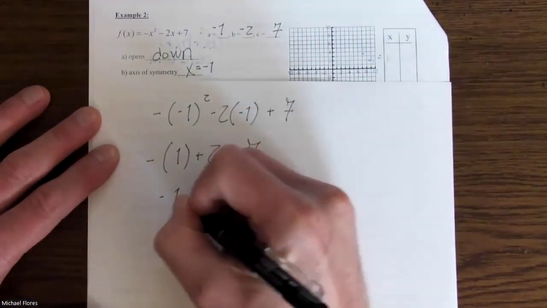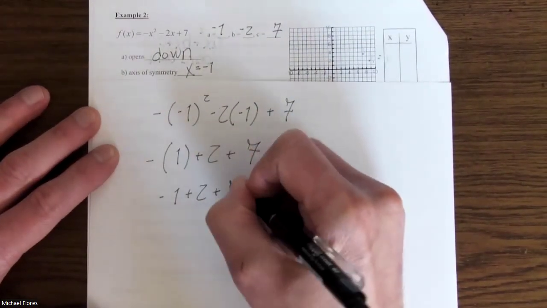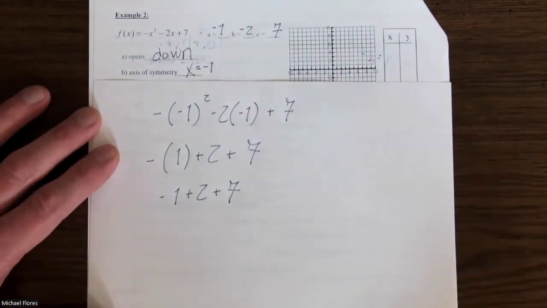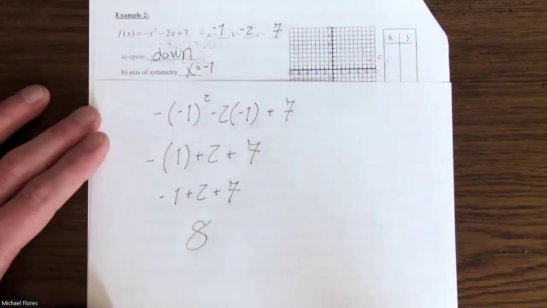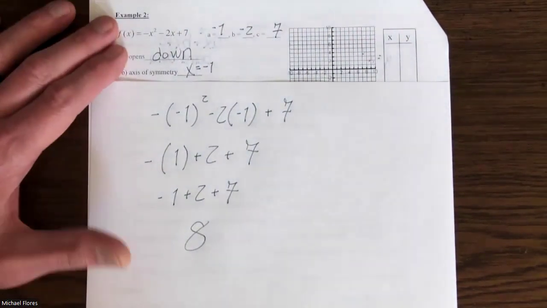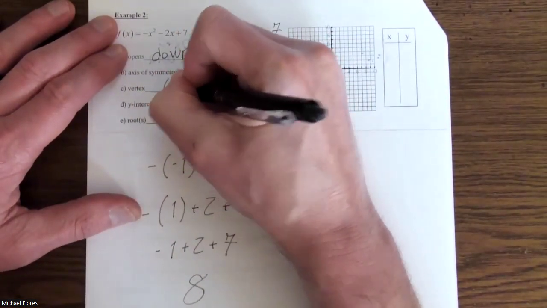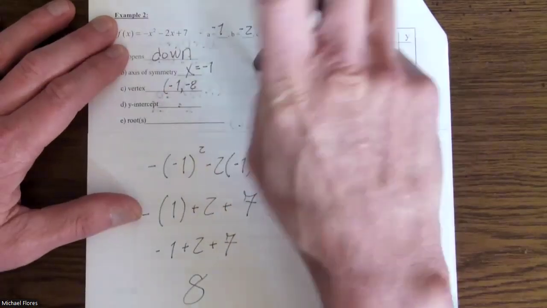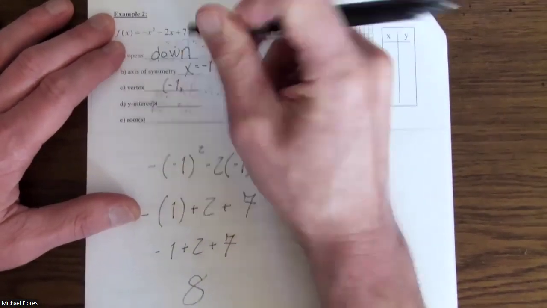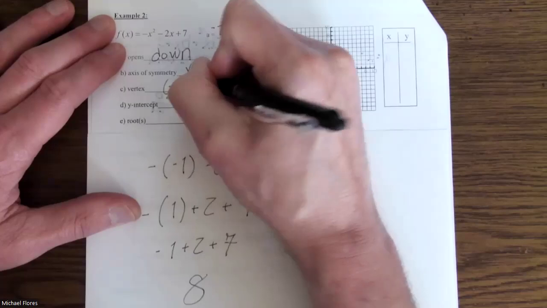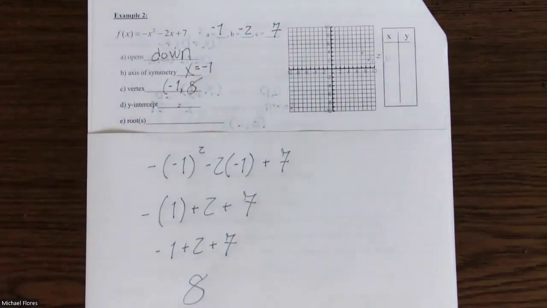Now we're going to distribute that negative. And if you combine your like terms here, we're going to get 8. So our vertex is -1, comma 8.